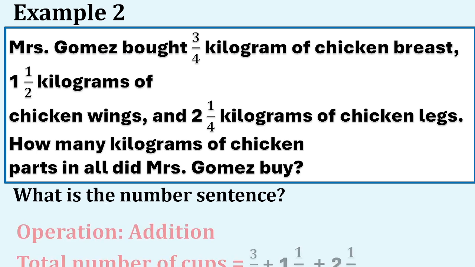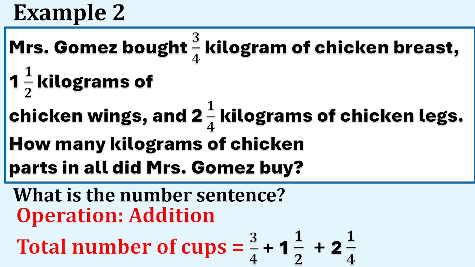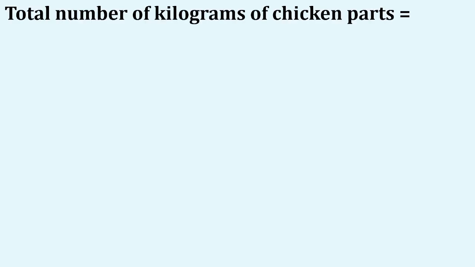What is the number sentence? The operation will be addition. Total number of kilograms equals 3/4 plus 1 1/2 plus 2 1/4. Let us solve the total number of kilograms of chicken parts.